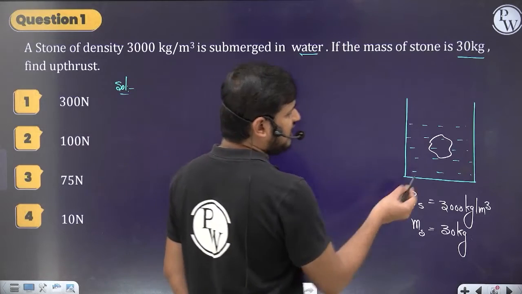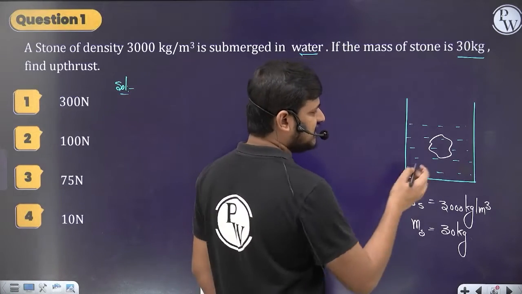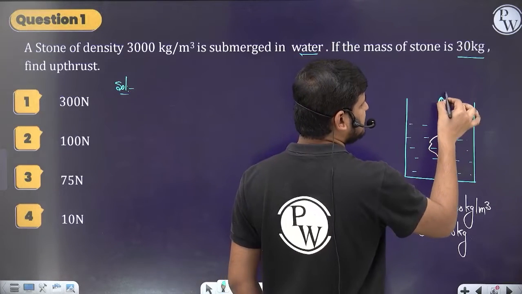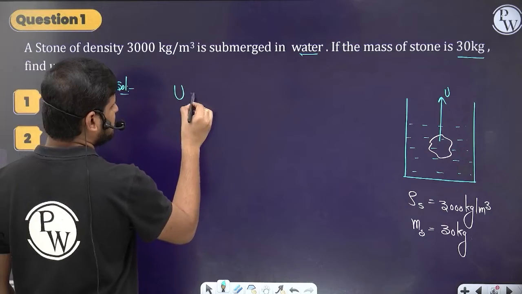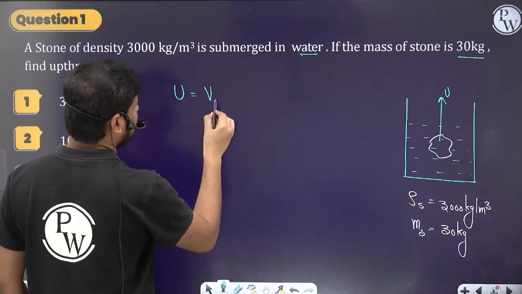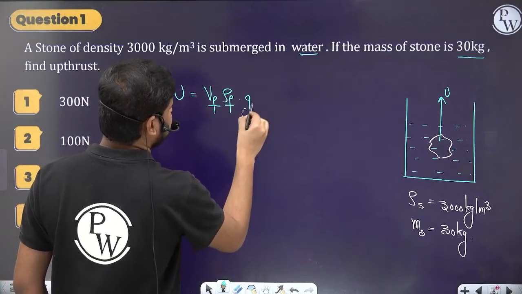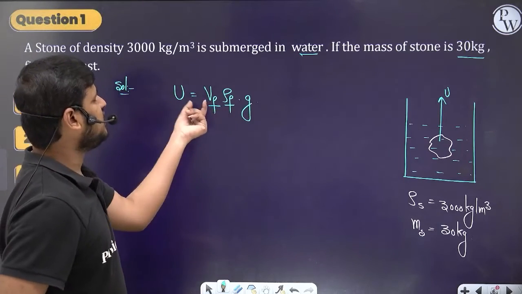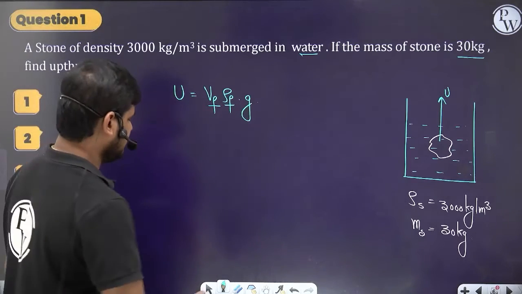Whenever an object is placed wholly or partially immersed in the liquid, there will be some force called upthrust acting. So the upthrust is equal to Vf rho f into g, where rho f is the density of the fluid, Vf is the volume of the fluid, and g is the acceleration due to gravity.